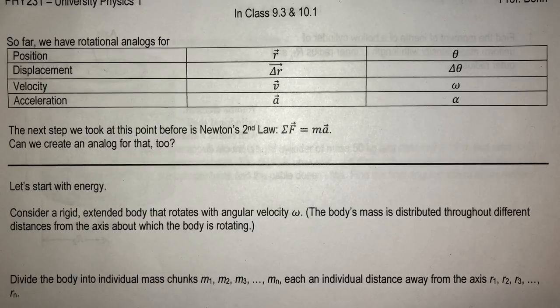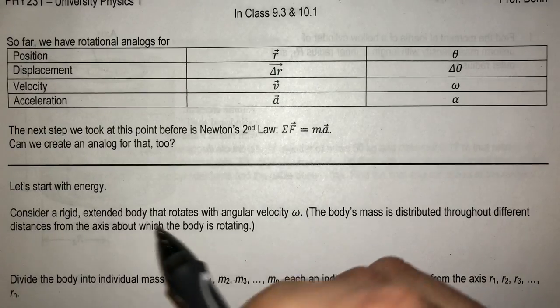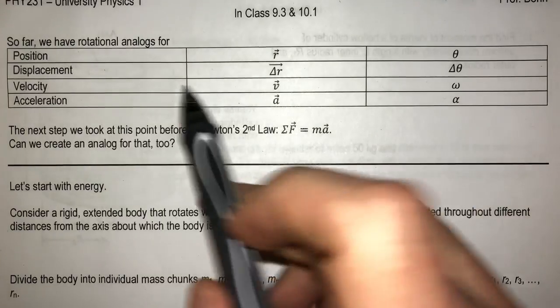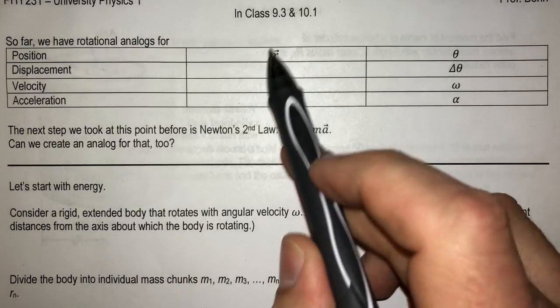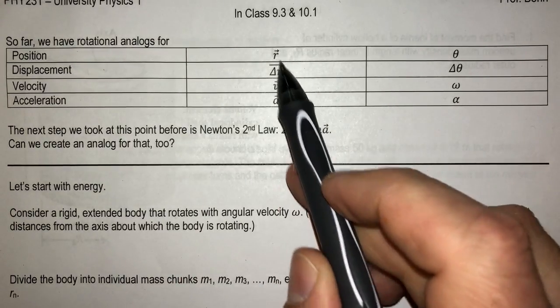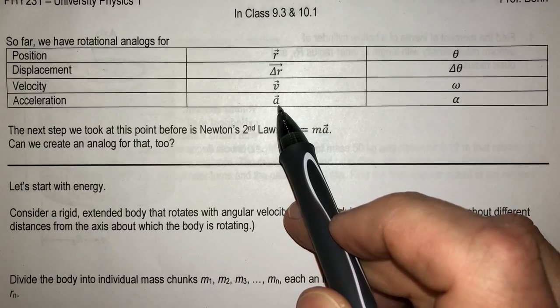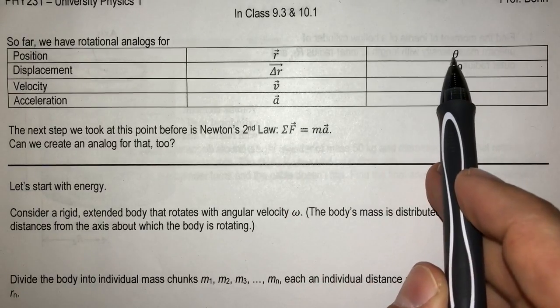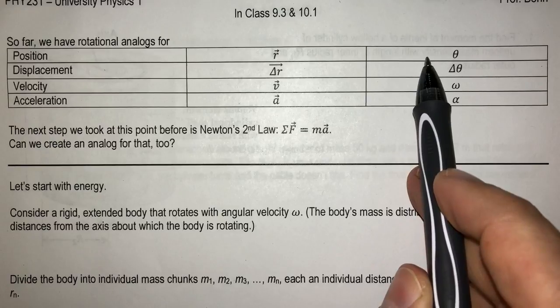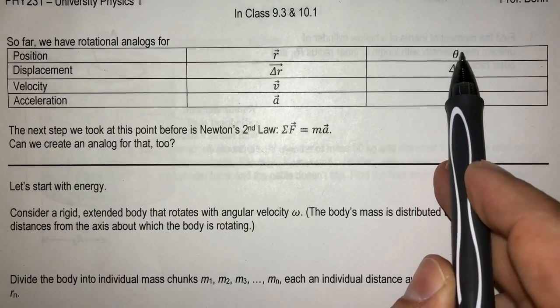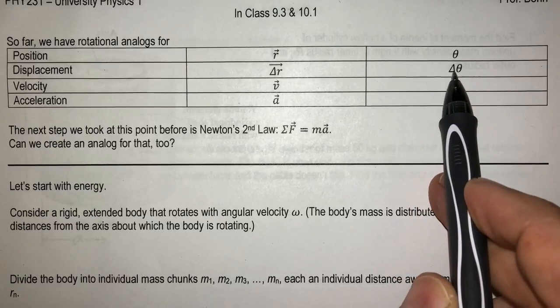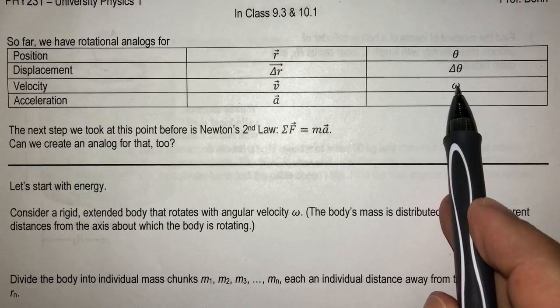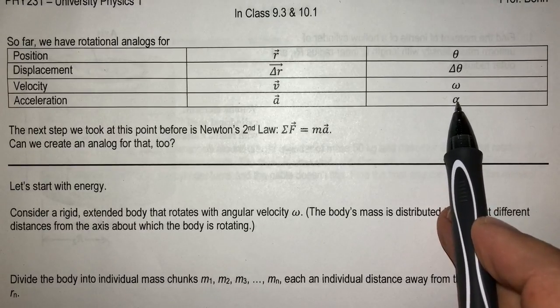So, we're going to pick up where we left off in Chapter 9, when we had just finished gushing about the possible analogies between our normal linear kinematic variables, position, displacement, velocity, acceleration, and the perfect alignment to the rotational kinematic variables, the angular position, angular displacement, angular velocity, and angular acceleration.